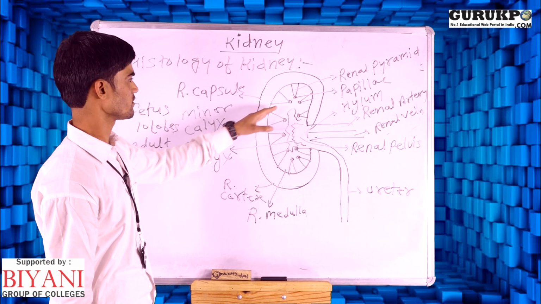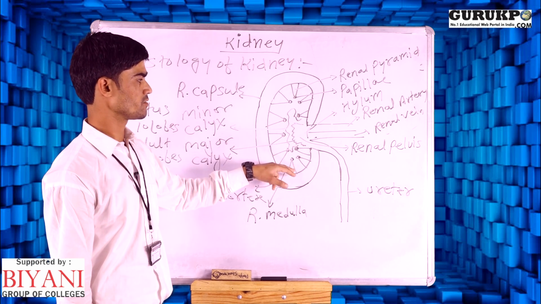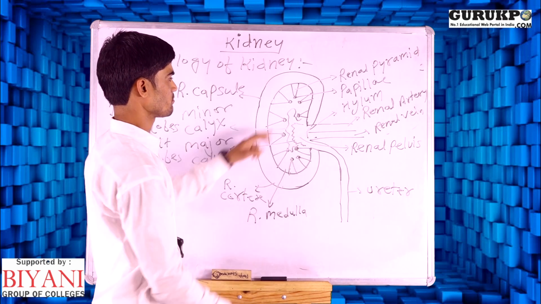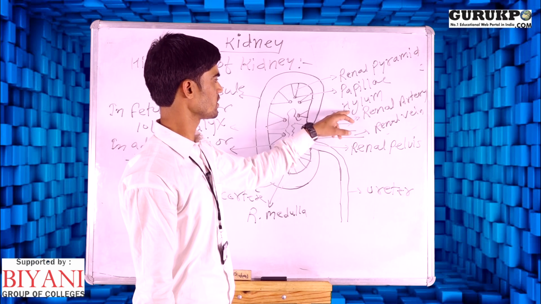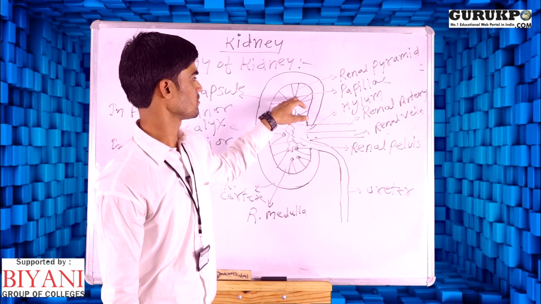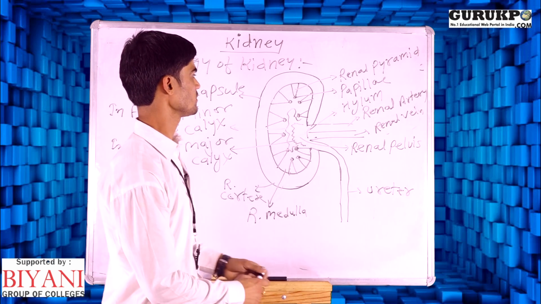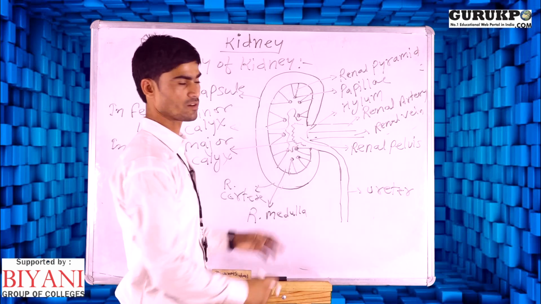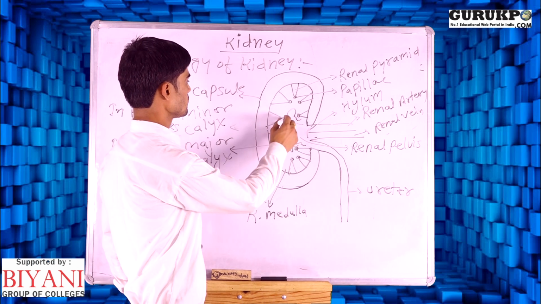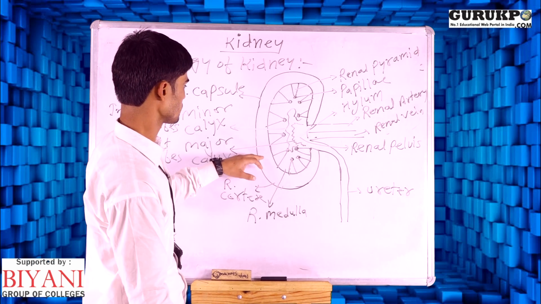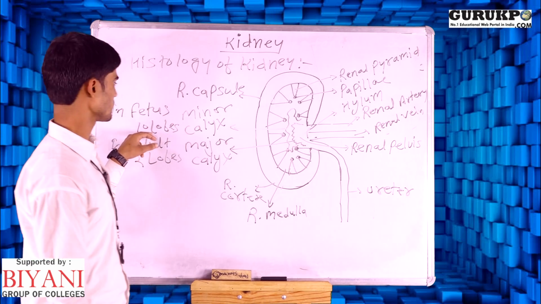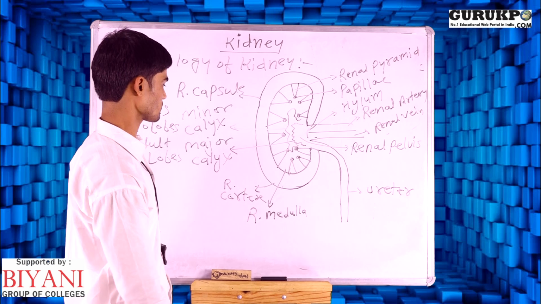On the inner side there are 10 pyramids present in the kidney, the renal pyramids. At the end of the pyramids, the papillae are found. 2 lobes are present in the adult kidney, and in the fetus kidney there are 10 lobes.